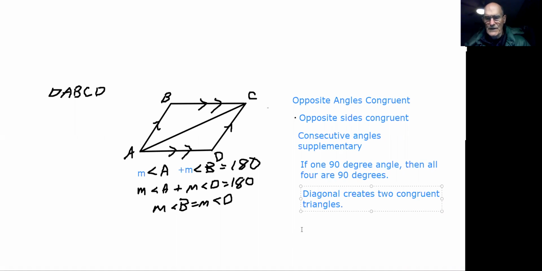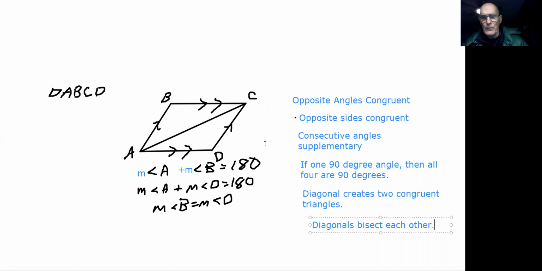And the final thing says here that the diagonals bisect each other. Okay, so now let's go ahead and prove here.